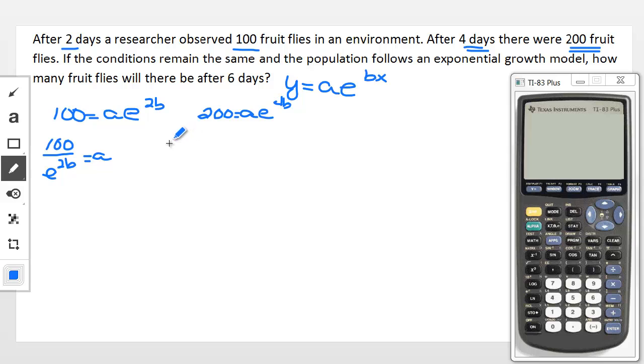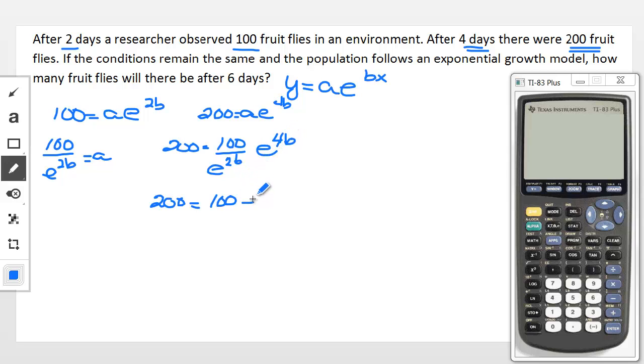And let's plug that in here. 200 equals that a times e to the 4b. So 200 equals 100. If I have e to the 4b over e to the 2b, bases are the same, I can subtract the powers.